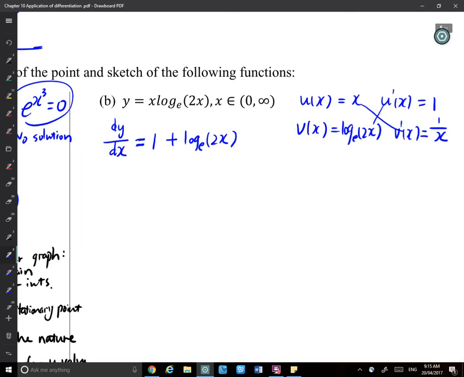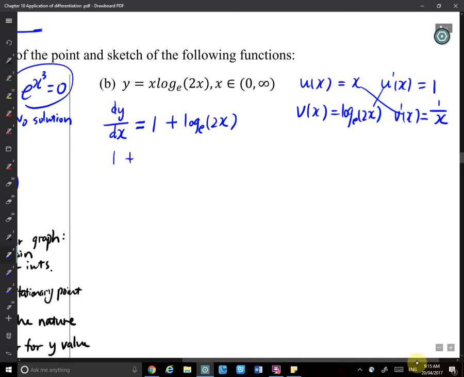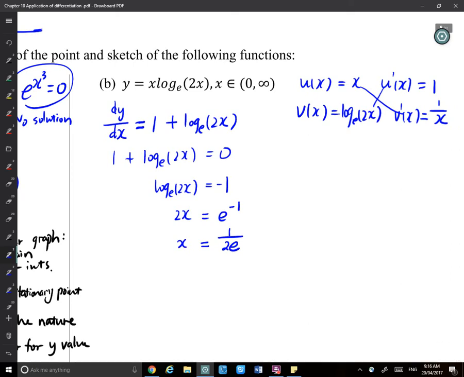So 1 plus log e to 2x, and you make that equal to 0. So log e to 2x equals -1. 2x equals e to the power of -1, and x will be half of that, which is 1 on 2e.